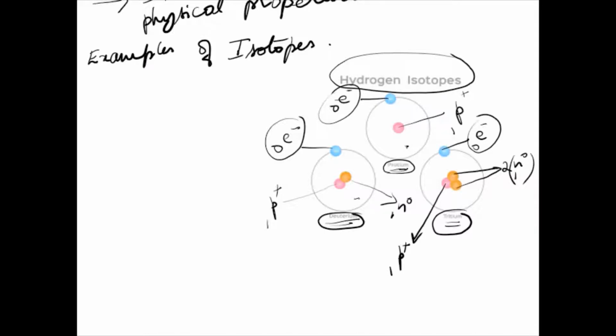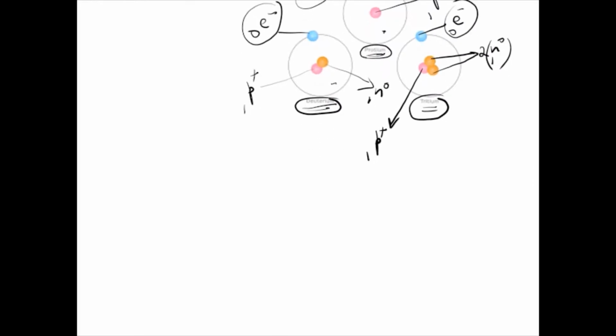Clear? Similarly, chlorine atom also has these isotopes. Chlorine has, carbon has. Okay. So now I'll show you isotopes of carbon.